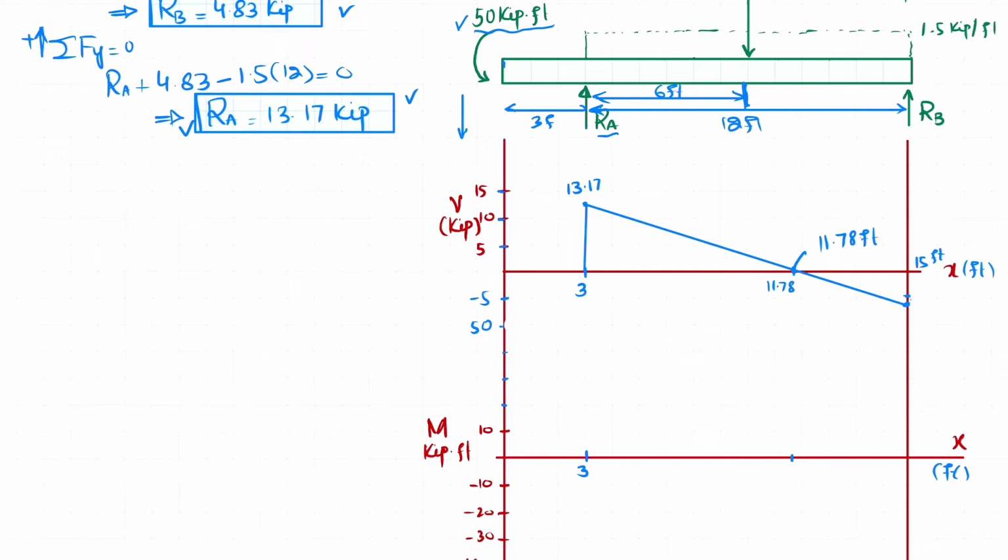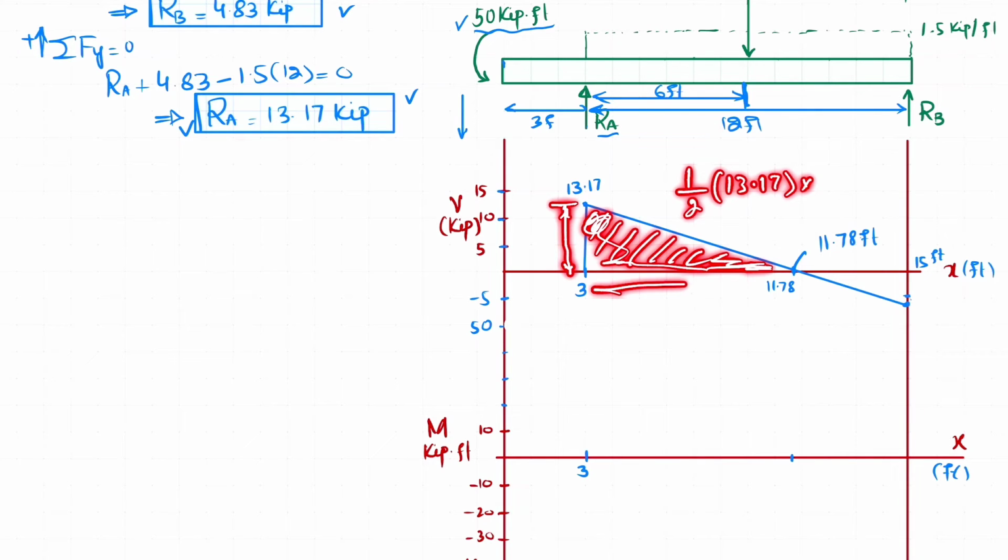Now the area under the shear force will give you the bending moment, and this area will be equal to 1/2 into 13.17 into this base, which is 11.78 minus 3, and that is 8.78.